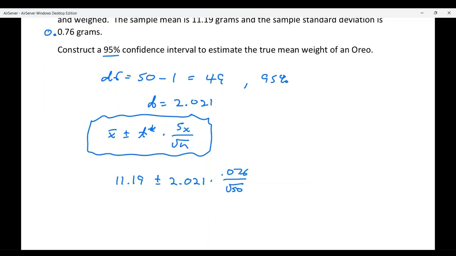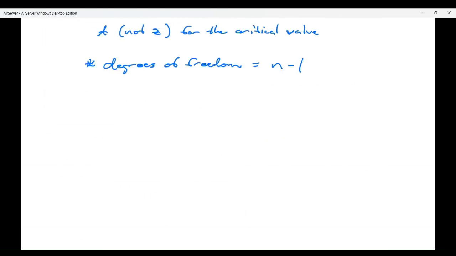And that gives us then an interval of 11.17 to 11.21.